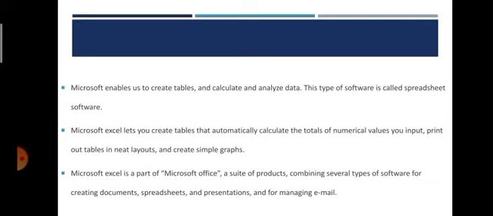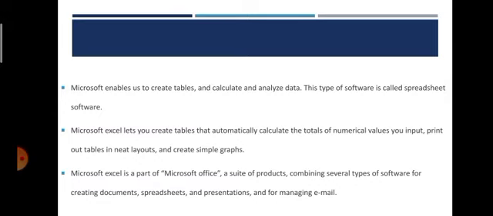Microsoft Excel is a part of Microsoft Office, a suite of products combining several types of software for creating documents, spreadsheets, and presentations, and for managing email. So Microsoft Excel is a part of Microsoft Office. Okay, so as we have discussed many things like MS Word in a previous class, that is in class 5.